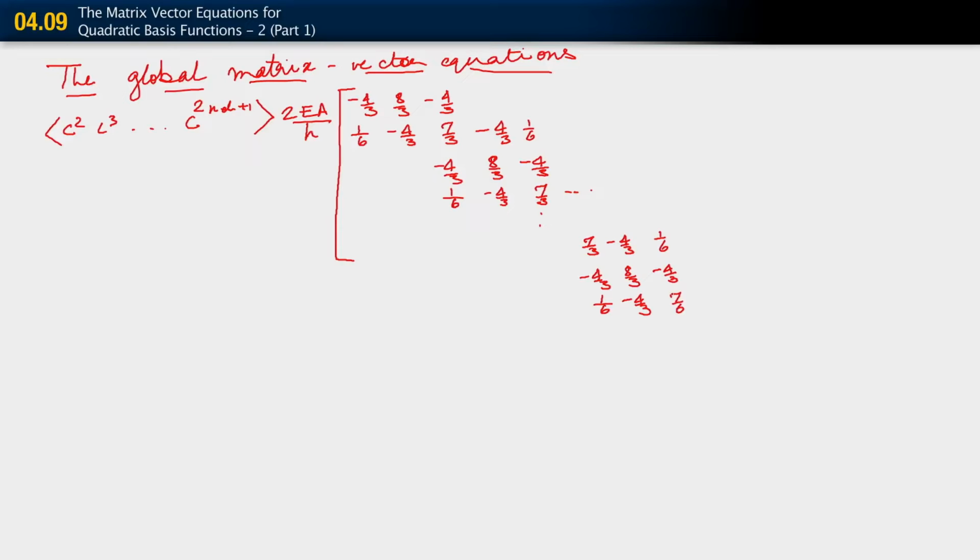And because this matrix has grown a little bigger than I had anticipated, let me make these bounding brackets bigger.